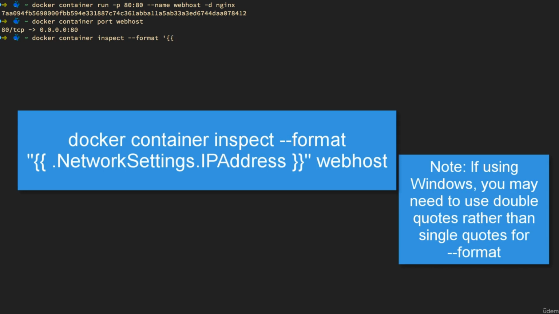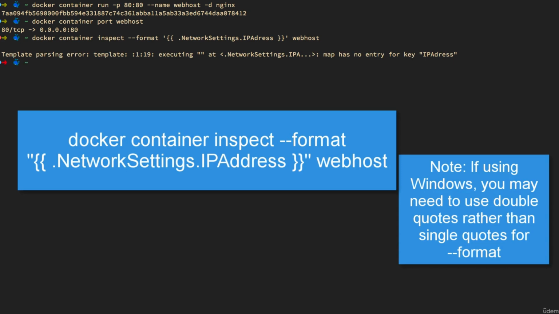And then once we get used to knowing the format of the config file, we know that NetworkSettings IPAddress is the actual node of that JSON output that we want to look at, and then webhost. Oops, that means I didn't spell it right.